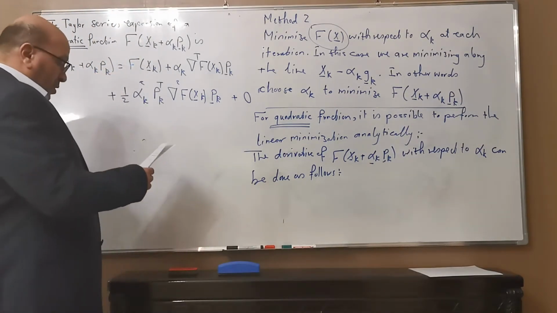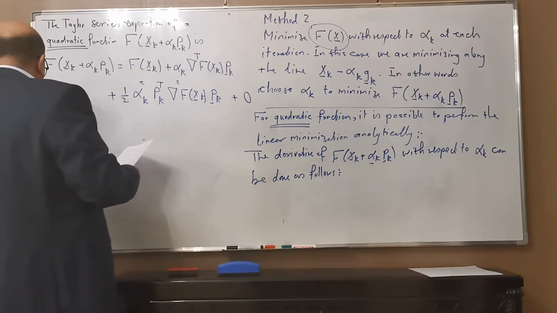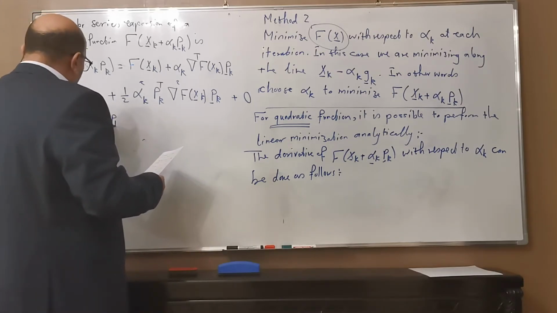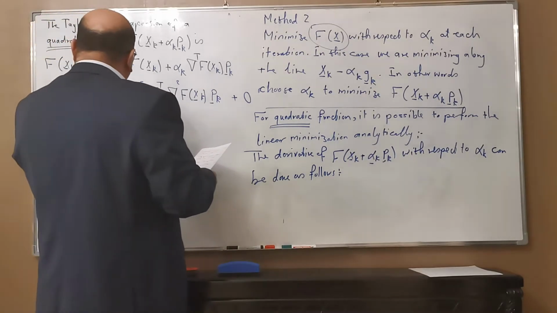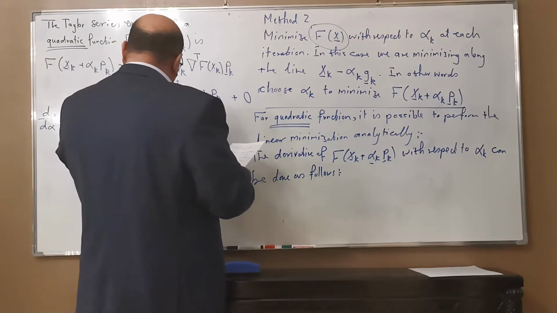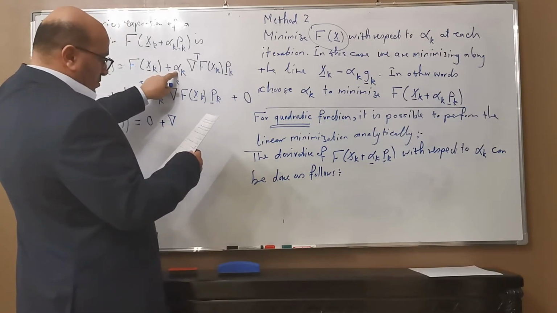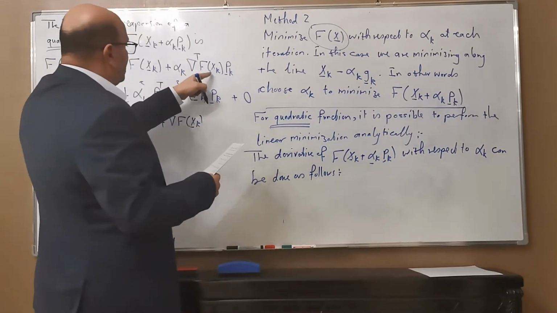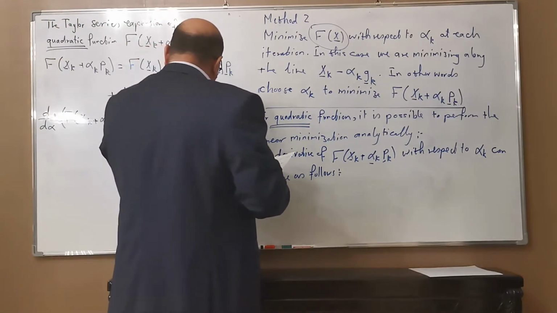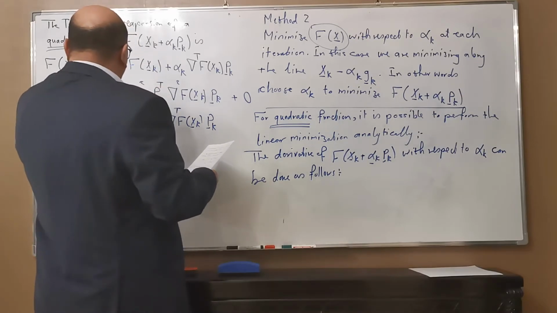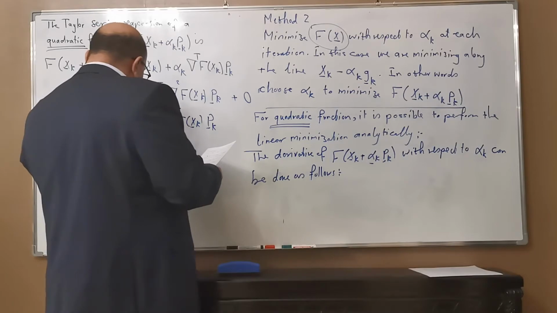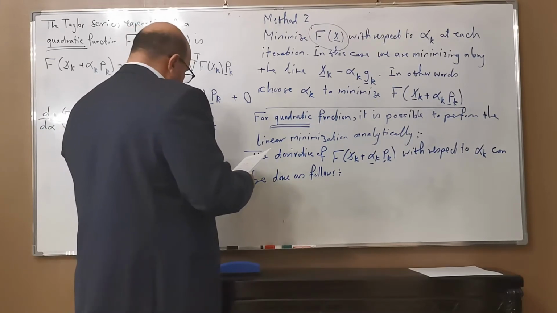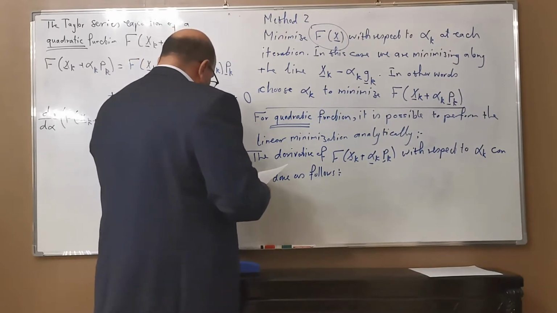It's not an approximation. Now if I do d by d alpha of f of xk plus alpha k pk, the first term will be 0, the second term will be the gradient transpose of f of xk, which is constant with respect to alpha, times pk, plus 2 times alpha, so you have alpha k pk transpose Hessian of f of xk times pk, and this equals 0.